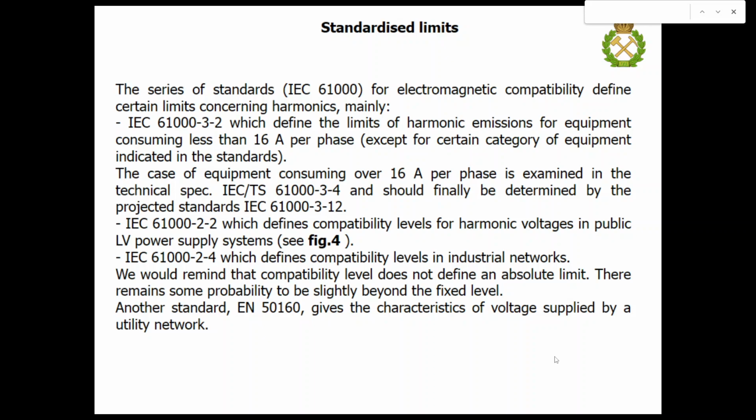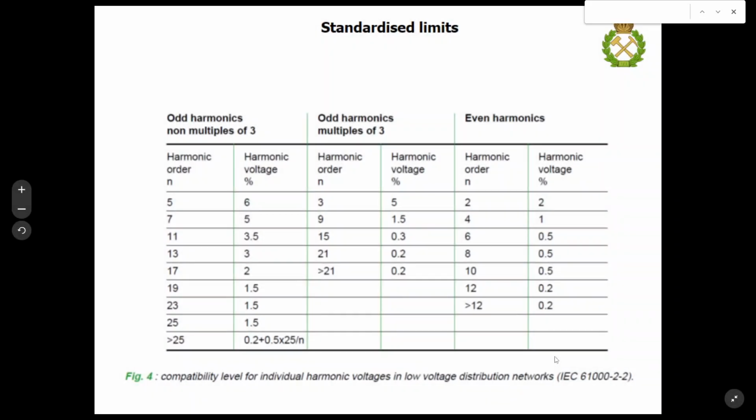And according to the limits presented in these standards, we should provide some technical or organizational measures in our power supply systems to make the power quality level correspond to these standardized limits. And here you may see an example of such limits for harmonics.